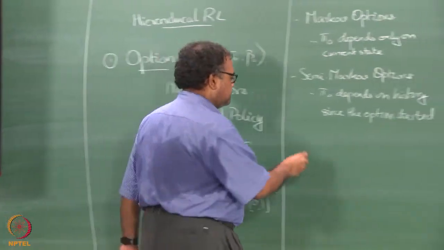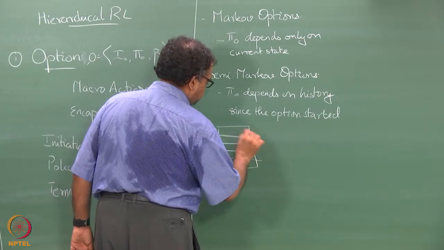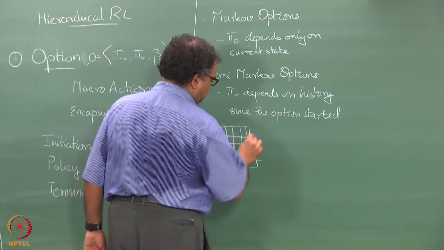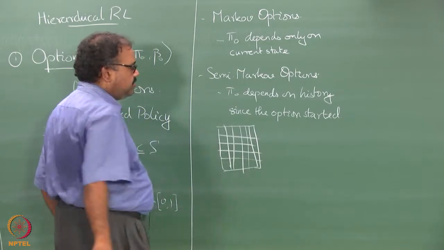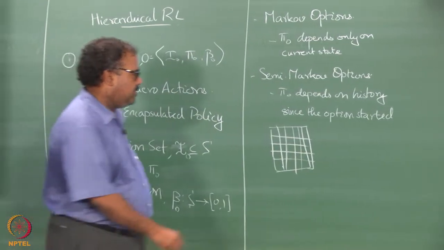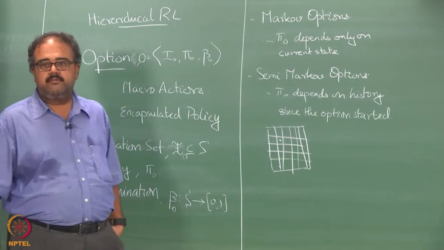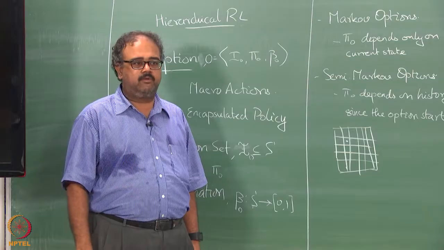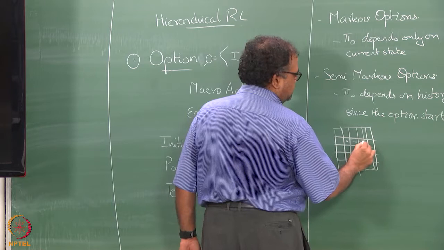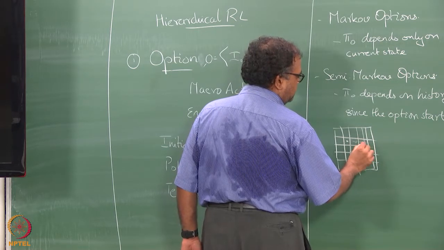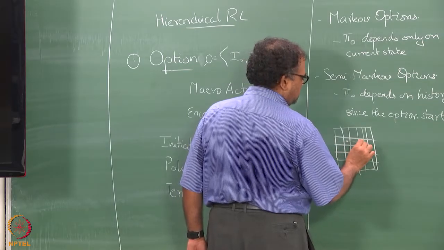So let us say if I start here, and say go right 2 steps and down 1 step. So it will be this, right, 1, 2, and then this.